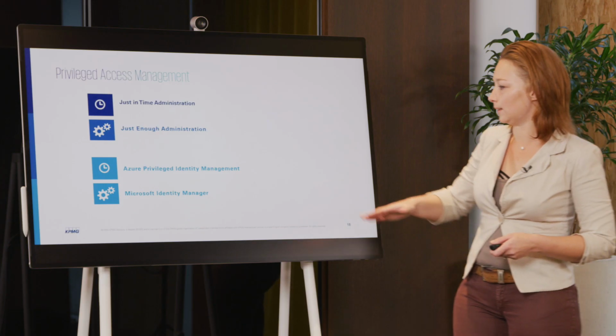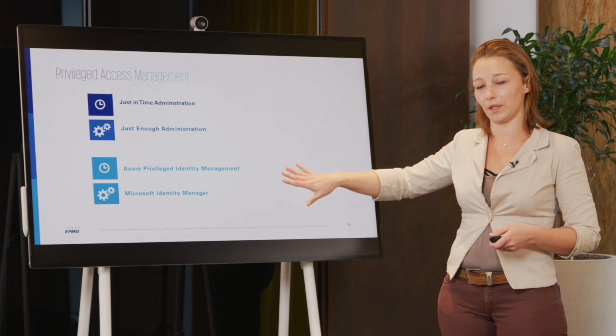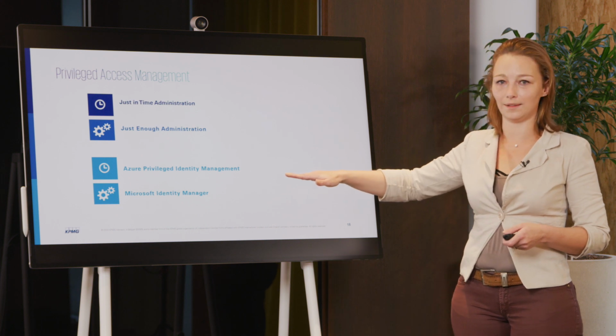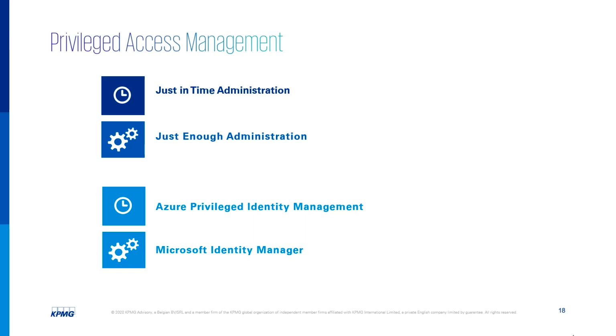Just-in-time administration basically means if the IT administrator doesn't have the necessary rights to do his task, he can ask for approval, and then he's been auditing and has the rights for a certain amount of time. Mainly, by default, it's usually 8 hours. This is usually covered, that last part, with Azure Privileged Identity Management or on-prem Microsoft Identity Manager.